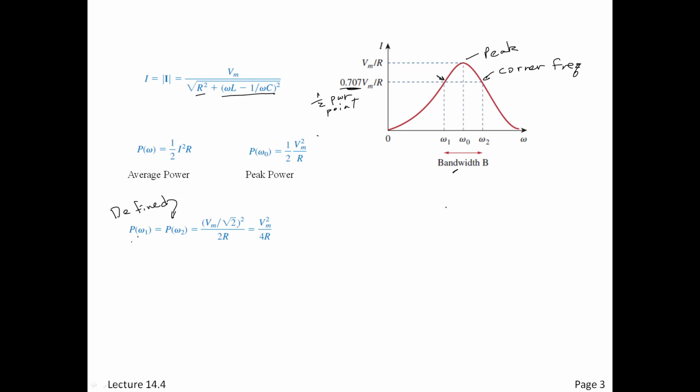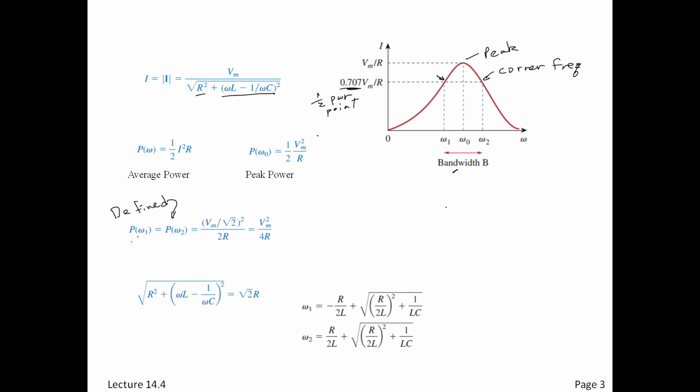If we square it and divide by 2R, we end up with this amount of power. And so this defines for us exactly where the half power points are. We can just solve for it. We get them plus and minus.